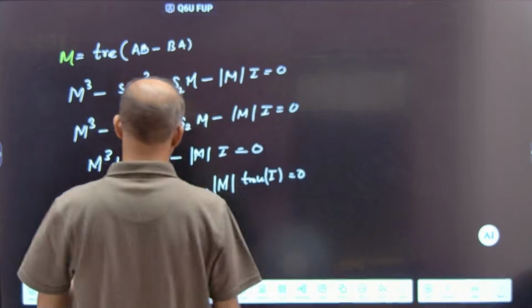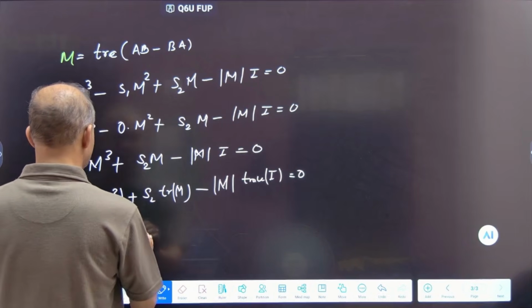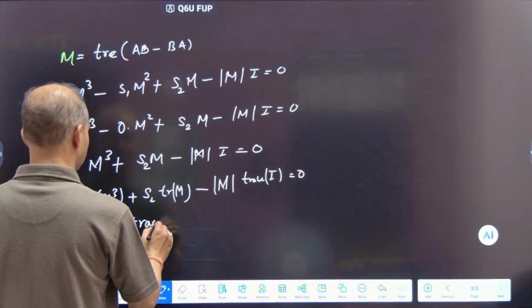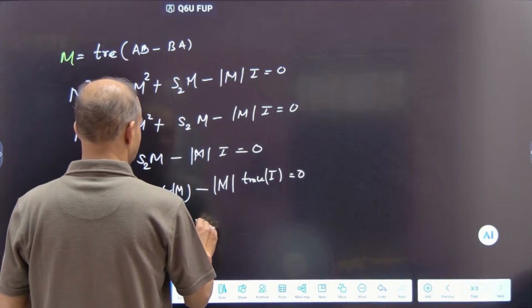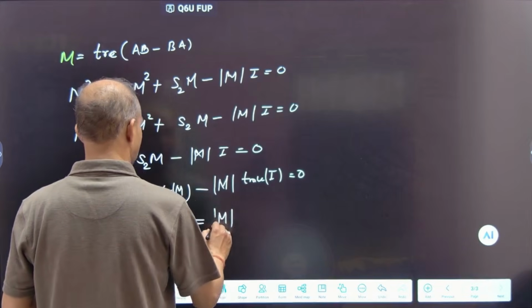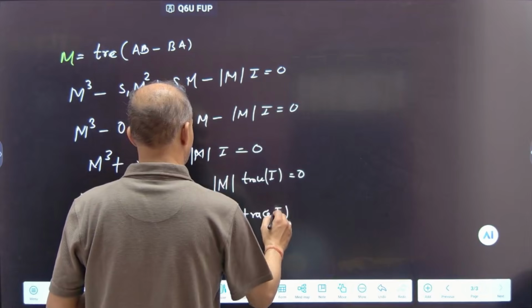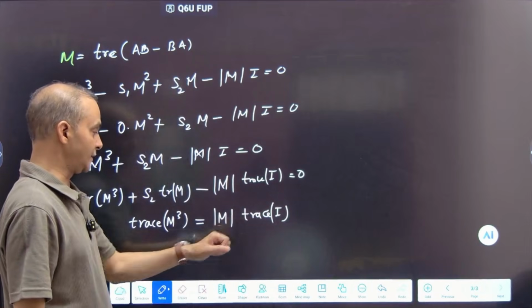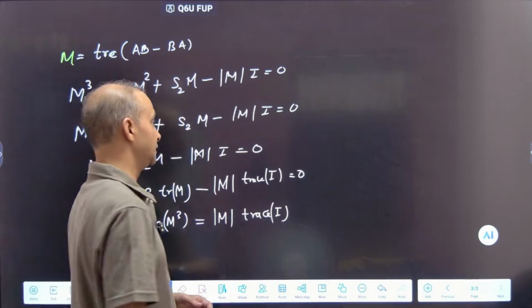Now this trace of M we have already evaluated, that is going to be 0. So what we get here is trace of M cubed is equal to determinant of M times trace of I. And I is the identity matrix, so trace of I is always 3 because we are adding the diagonal entries.